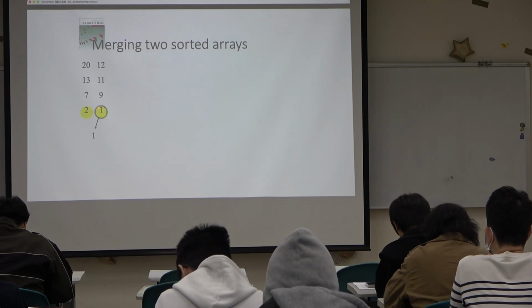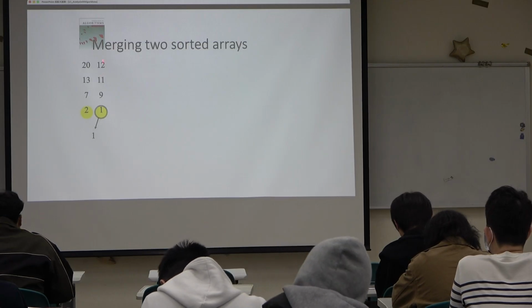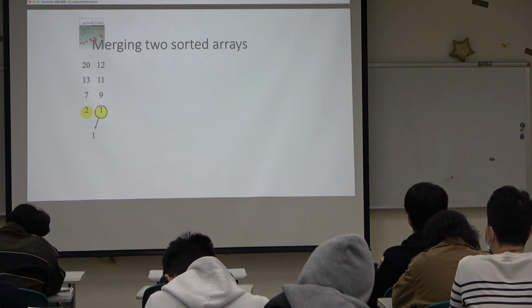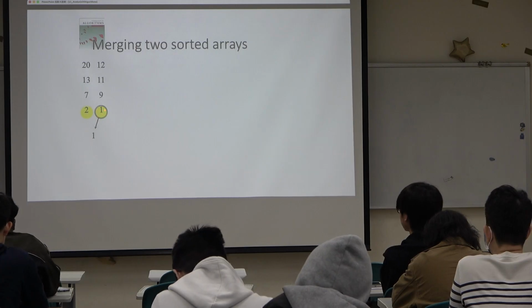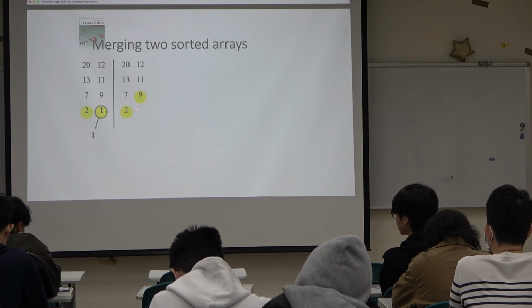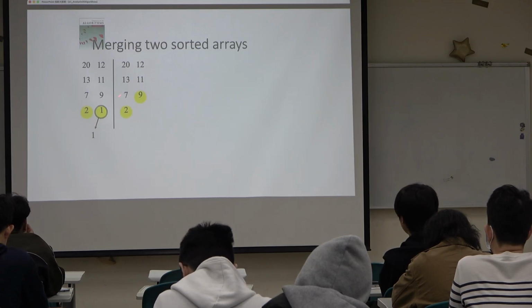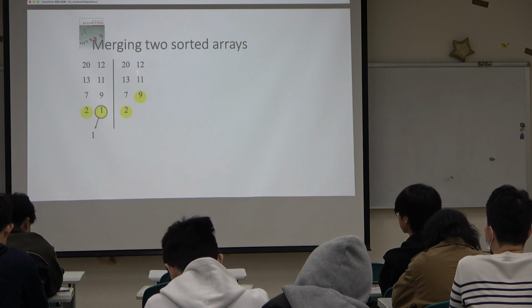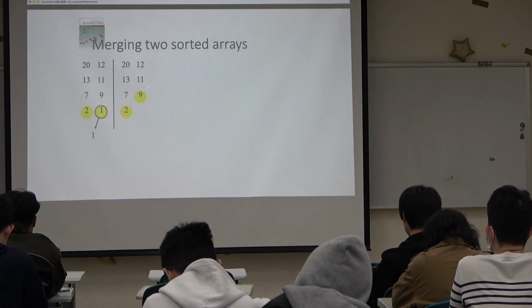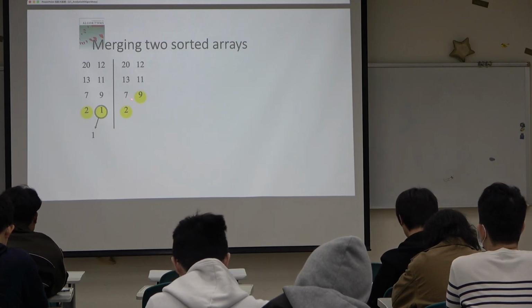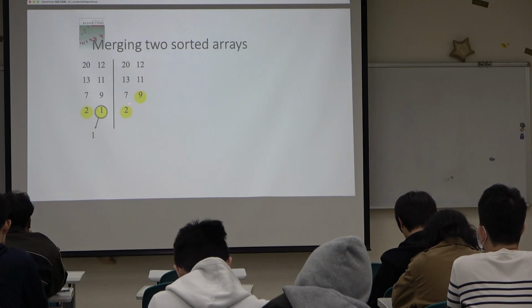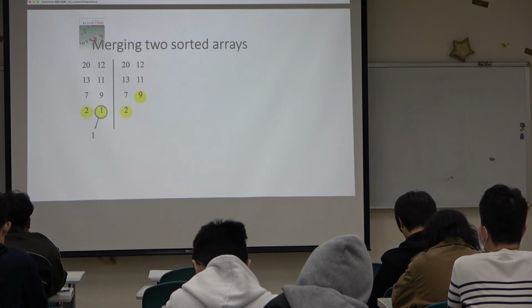Then the second list has 1 fewer number. The first list remains the same, but the first number of the second list becomes 9. Again, you compare the first number of these 2 lists. Obviously 2 is smaller than 9, so you move 2 to here.